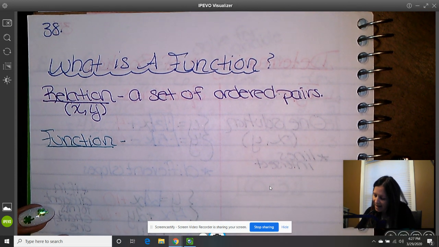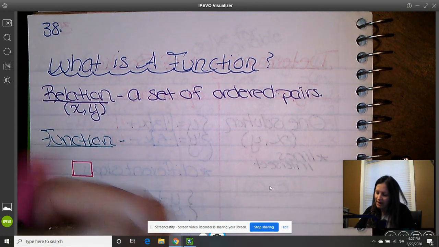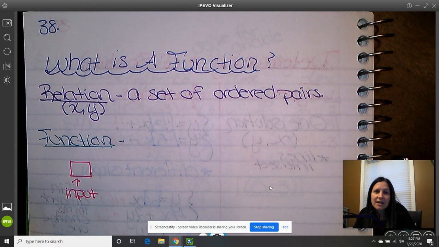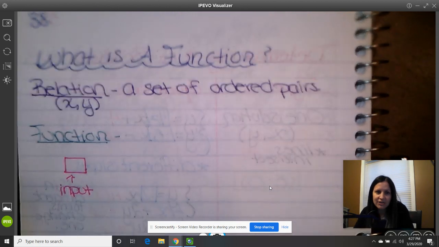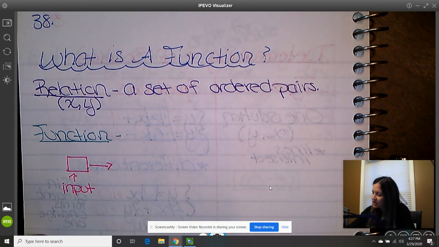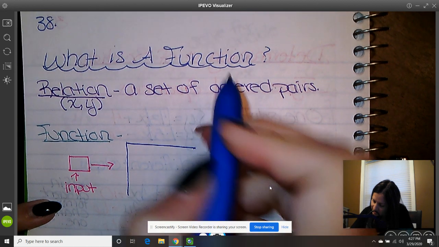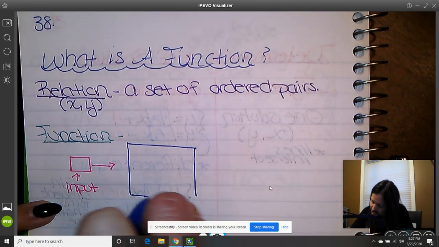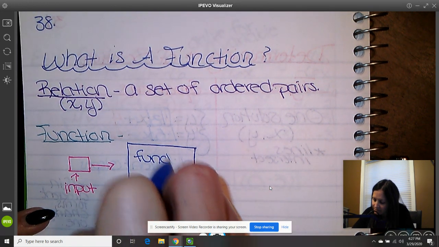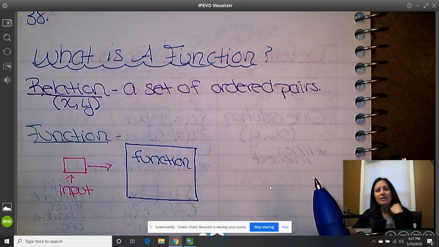So we have something here, and this is our input. Think of that like my dirty dishes. So I have a dirty plate. I put that into my washing machine. So this is the function, AKA the washing machine.